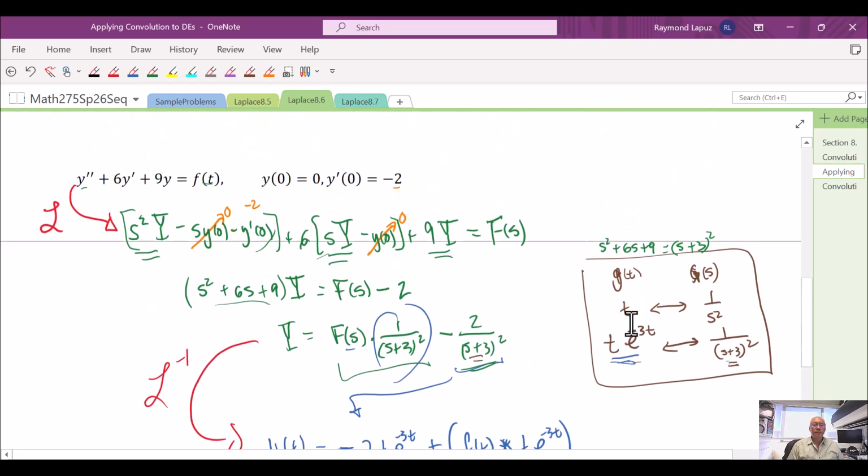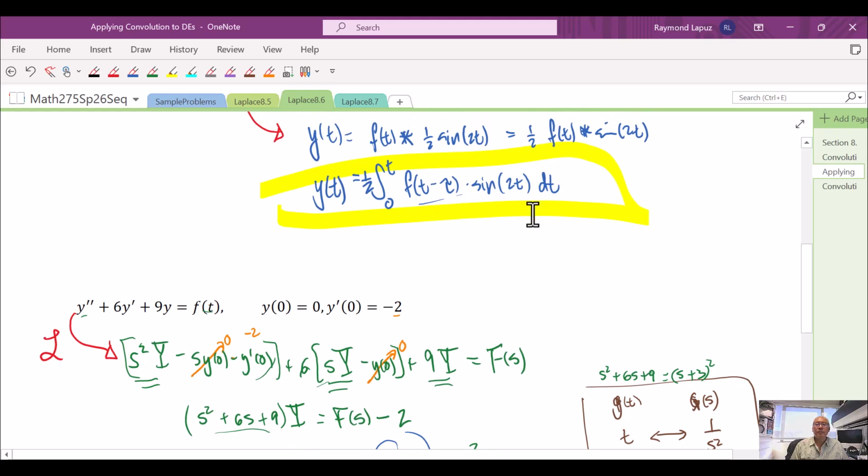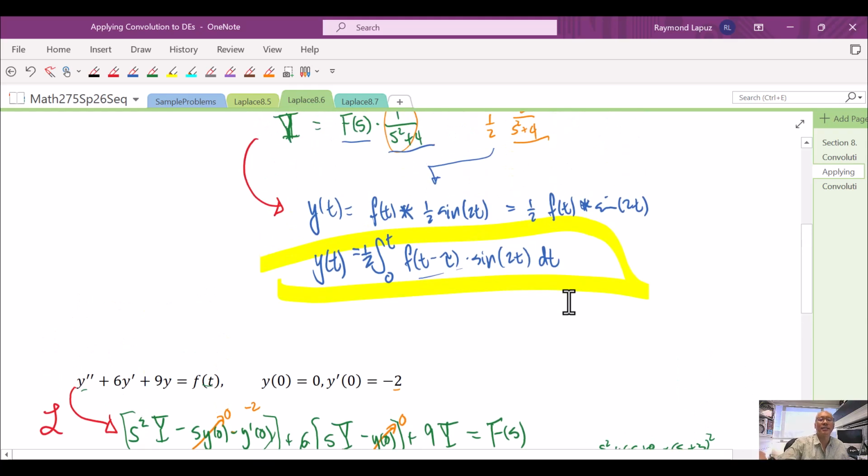All right, I hope that's what I did in the previous one. Oops, sorry, this should be tau. I just had a feeling that was wrong. Tau d tau.